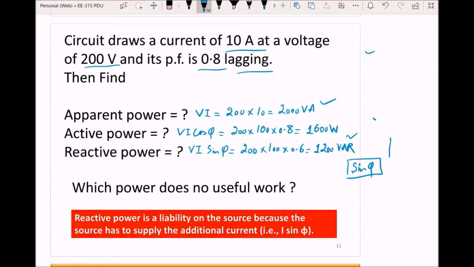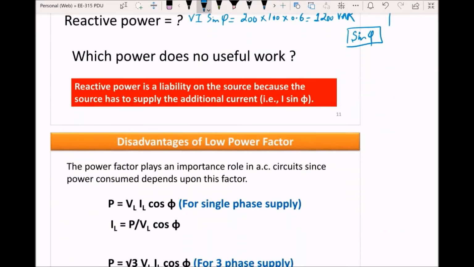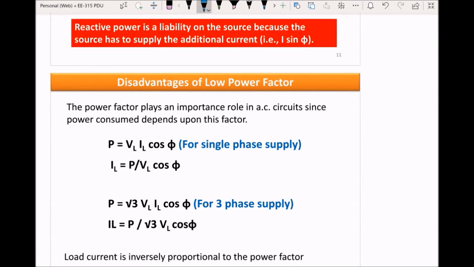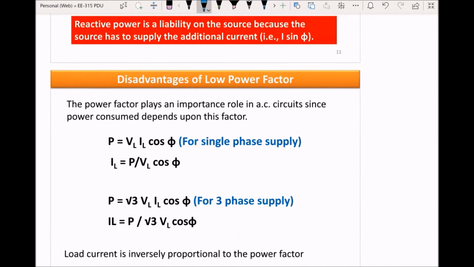So from the previous study, we know the expressions for calculating the useful power in single and three-phase circuits.